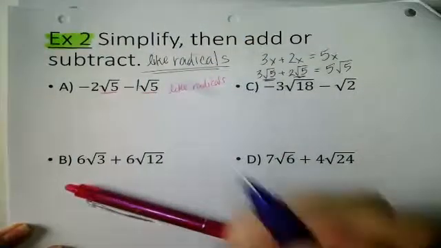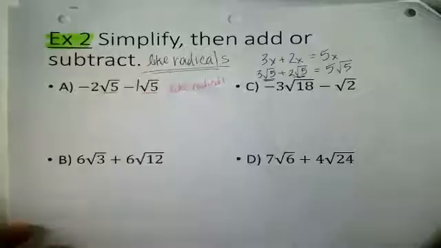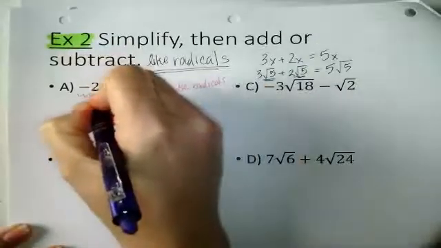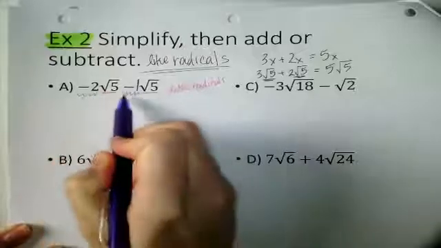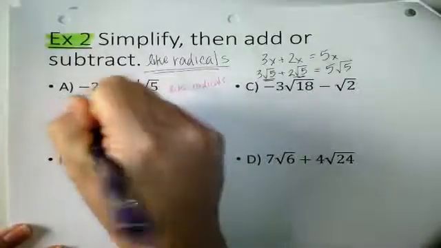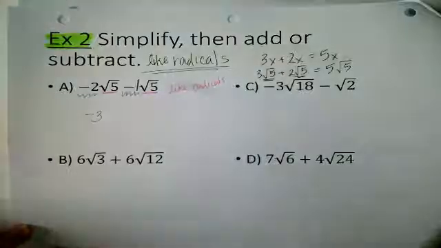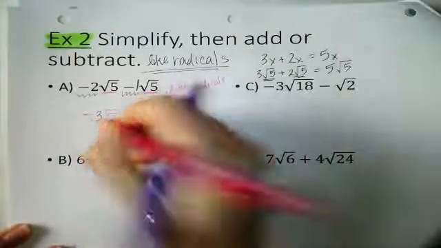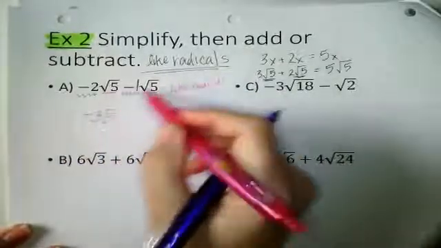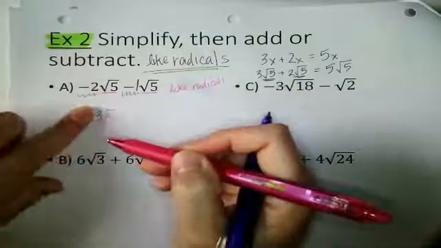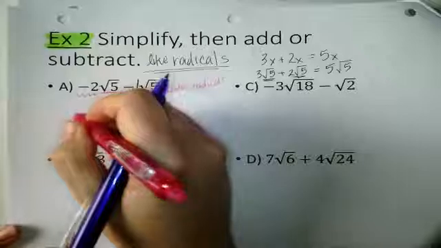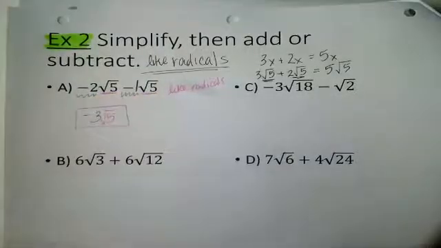And then all I have to do is combine the numbers in front, the coefficients. So -2 and a -1 make -3 radical 5s. You'll notice that radical 5 part doesn't change. We have, well, imagine 3 of them. Well, -3 of them. And that's our final answer. Okay, so these are like radicals.